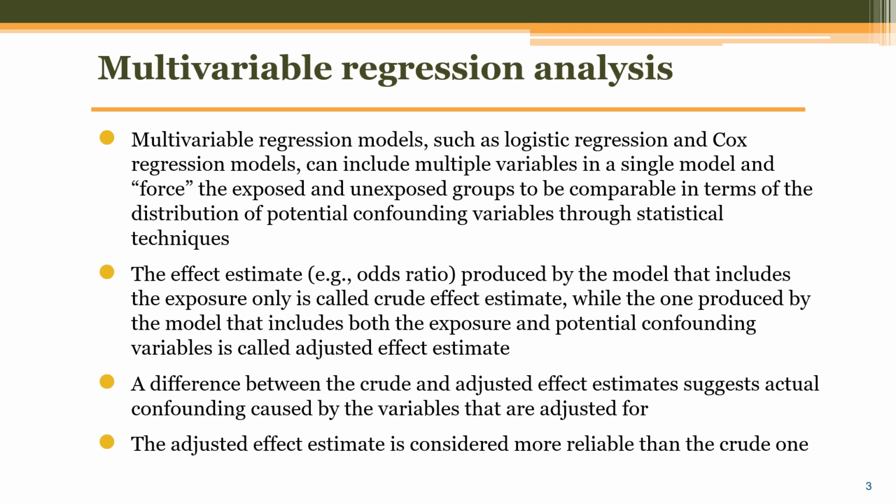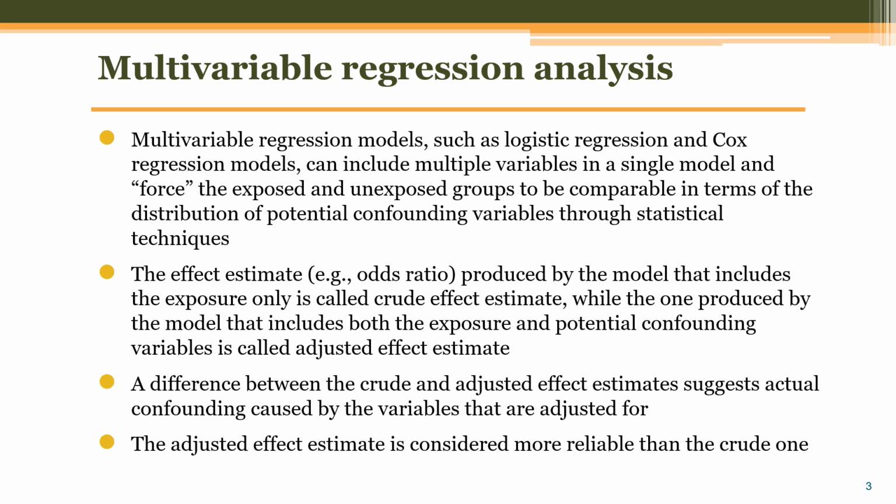Multivariable regression models, such as logistic regression and Cox regression models, can include multiple variables in a single model and force the exposed and unexposed groups to be comparable in terms of the distribution of potential confounding variables through statistical techniques.